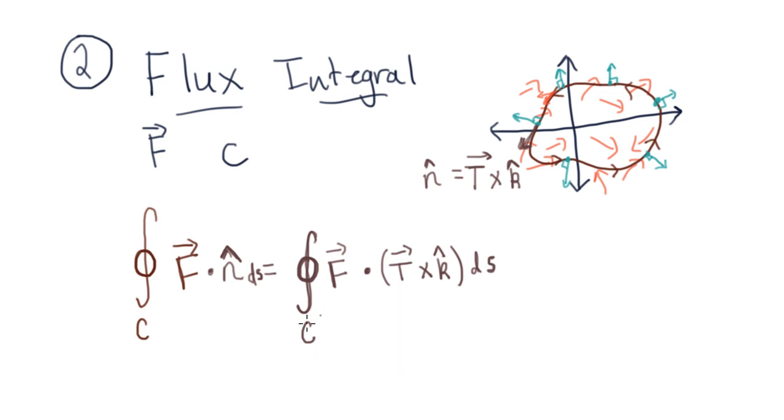Well, I want to parameterize my curve, and once I have a parameterized curve, I can express the unit tangent vector as a function of t. I can just do this cross product, and I'll get a normal vector as a function of t, and then I just have my typical line integral. But it's a little bit different because I'm doing the dot product not with the tangent direction, but with the normal direction.